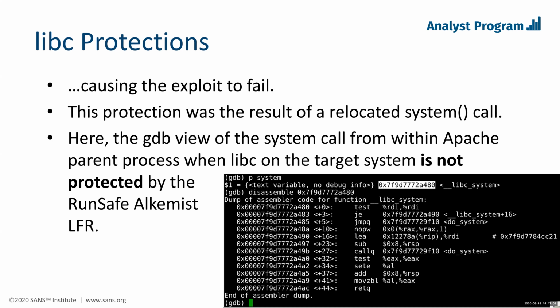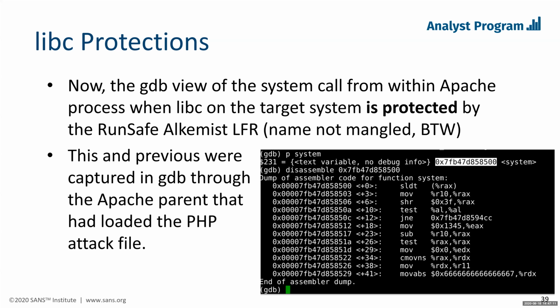And so when I ran it with not only the protected Apache with librelfr, but I ran it with the libc protected system, you can see some change in terms of the disassembly of the system call. You see a couple of things changed, one of which is the name mangling, which is a good visual cue for this.